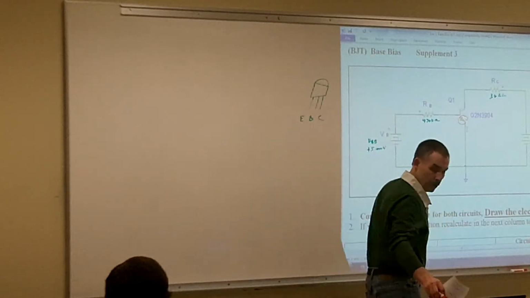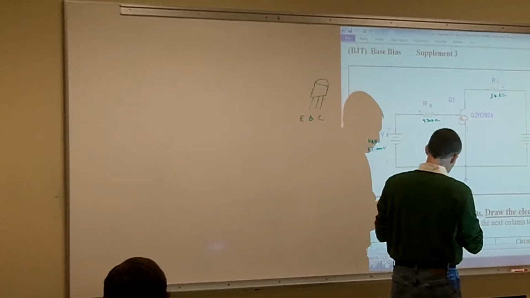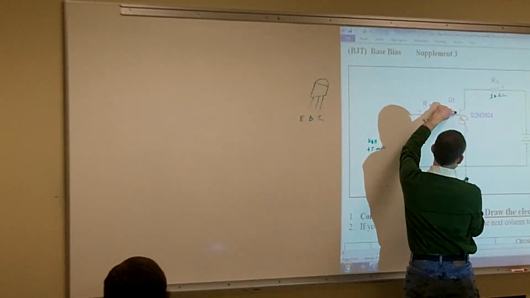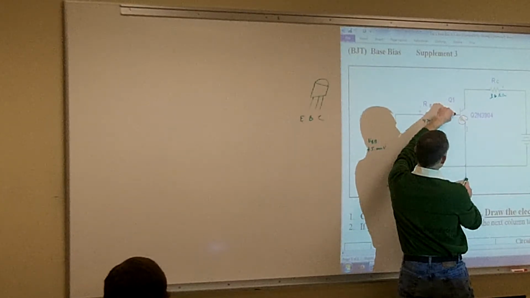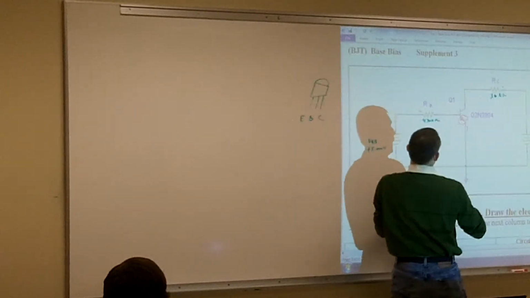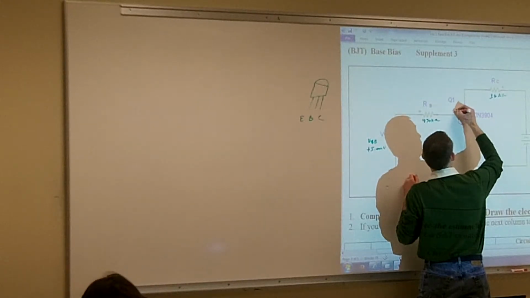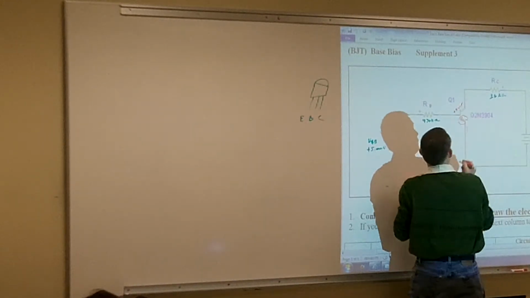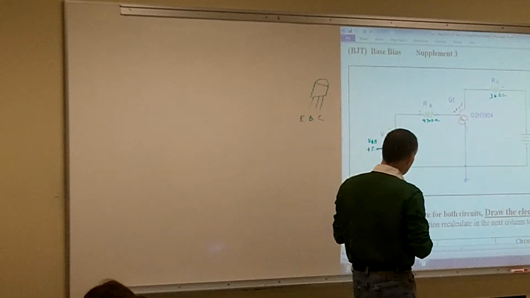If I put my red lead on my base and my black lead on my ground, what would I measure for voltage? My source voltage, which is plus 5 volts. It's critical that you use the right polarity, because if it was negative 5 volts, we wouldn't be biasing that transistor.